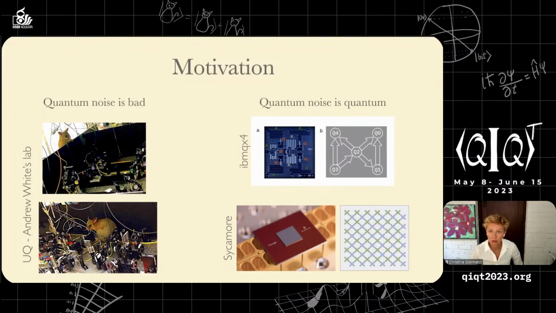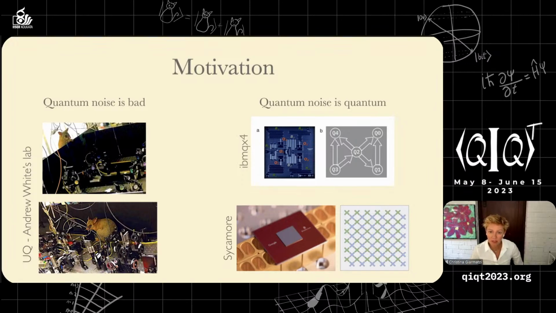So the noise that you have in a quantum device can be of quantum nature in the sense that other quantum systems can be your environment. In the first case, the possum was the environment, and in the other case, the other quantum systems are the environment.